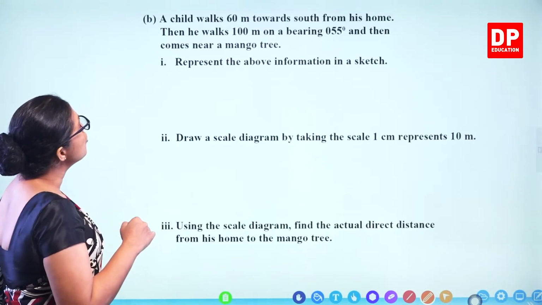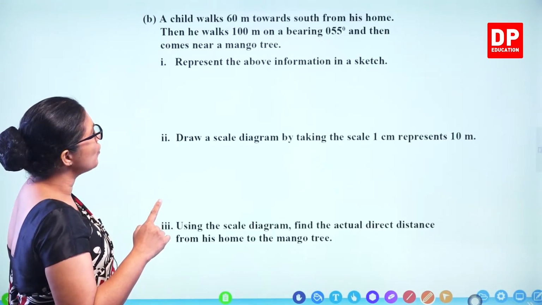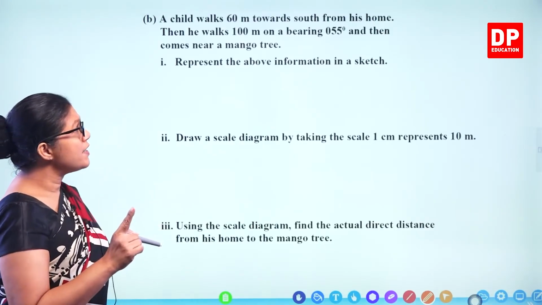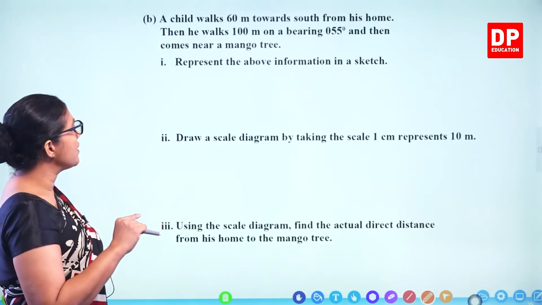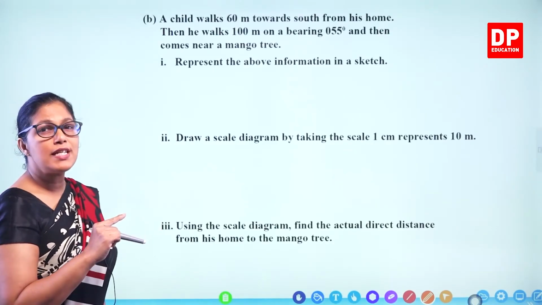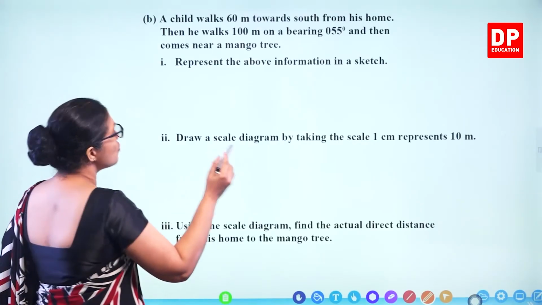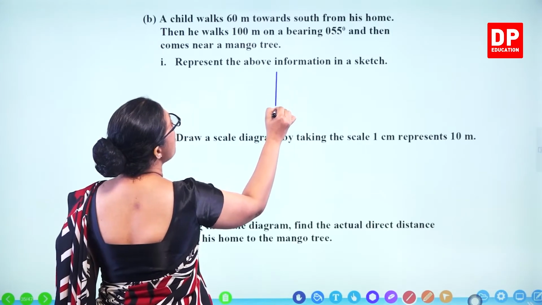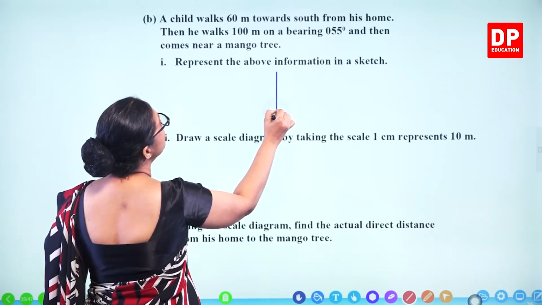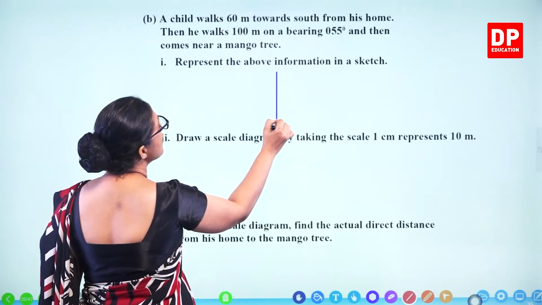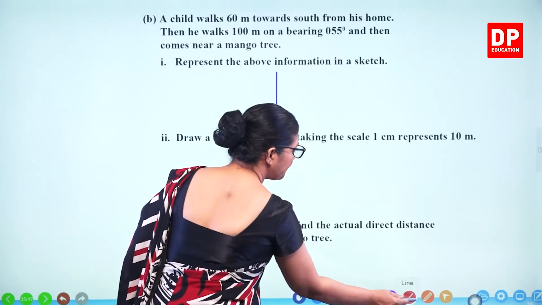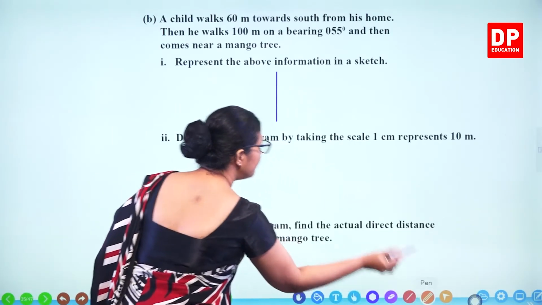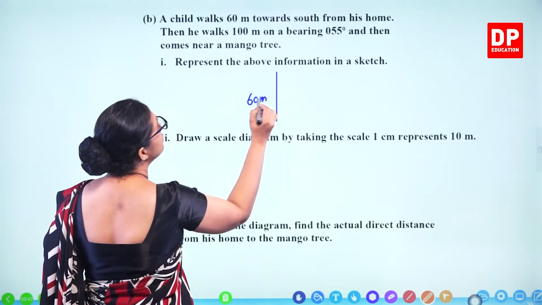Part B. A child walks 60 meters towards south from his home. Then he walks 100 meters on a bearing of 55 degrees and then comes near a mango tree. Represent the above information in a sketch. So, the child walks 60 meters from north, because he comes down, south. So, 60 meters down.